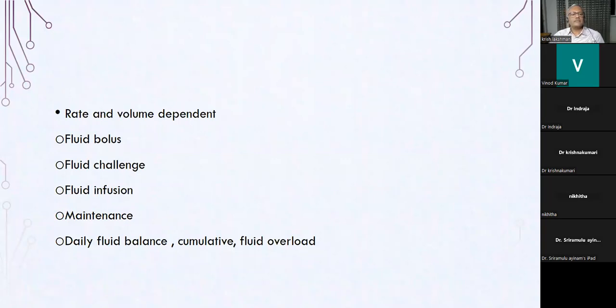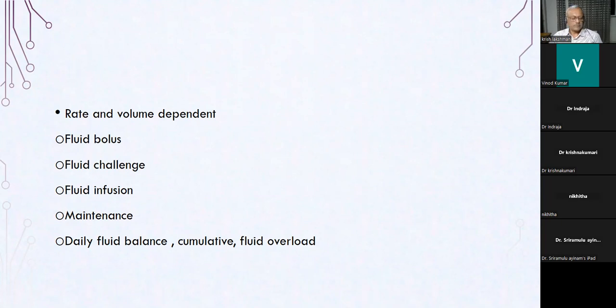Fluid challenge is 100 to 200 ml over 5 to 10 minutes, with reassessment to optimize the tissue perfusion. Whereas fluid infusion is continuous delivery, and maintenance is for those who cannot meet their needs.